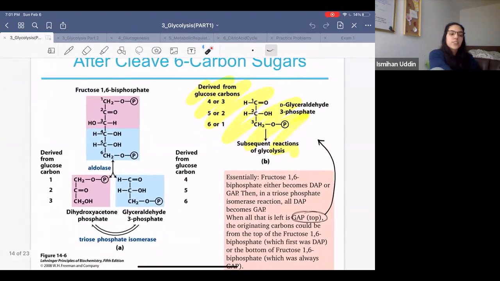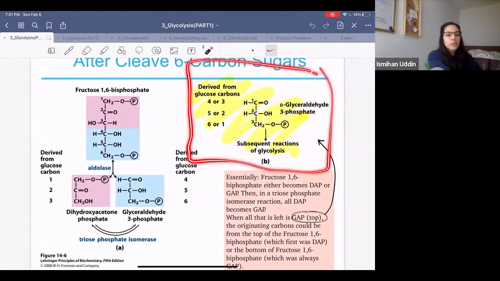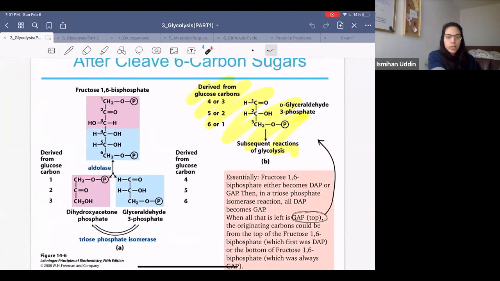Now we have this whole issue. It was a little bit confusing for me in the beginning, I'm not gonna lie. Since all of the DAP became GAP, remember how I labeled carbons 1, 2, 3 and then 4, 5, 6? Now they're all in the same GAP. So from the derived carbons originally, either carbon 4 or 3 could be the top one for either GAP or DAP.